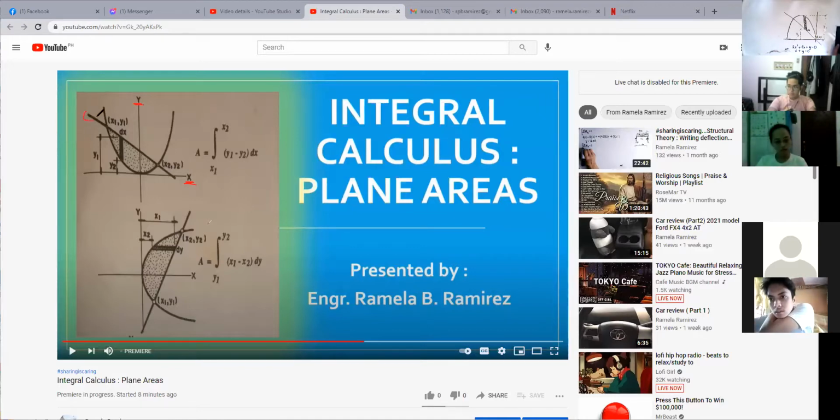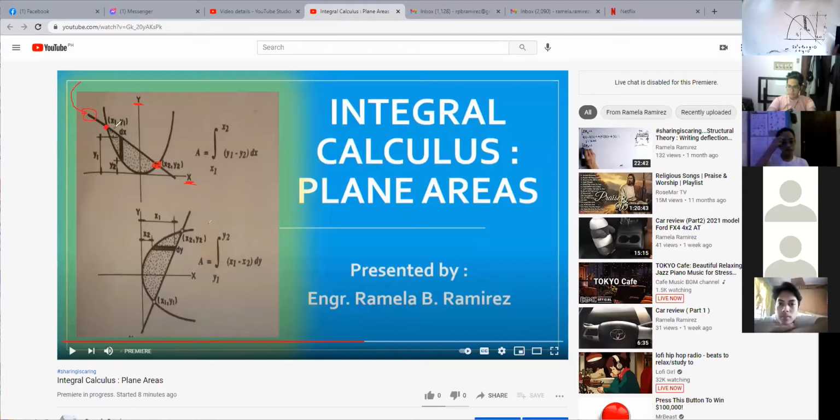So if this is the line that we have here, we've got to plot the points which are to be connected in order to create that line. So we have here x sub 1 and y sub 1, and x sub 2 and y sub 2. So that means we have 2 points.